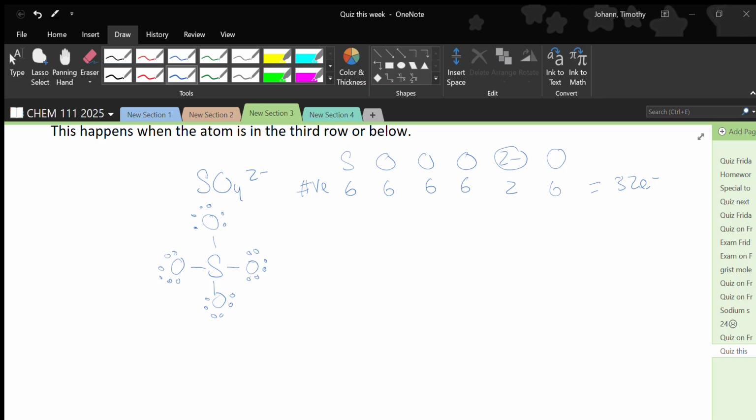Okay. So, what do you think? You guys have oxygen. What is the formal charge on oxygen? -1. So we're going to have that 4 times, right? Negative, negative, negative, negative. Remember, the total charge on the molecule is -2. So what does my formal charge on sulfur need to be? +2. Is that what you guys got? Excellent. Good work. All right, so this is going to be +2.